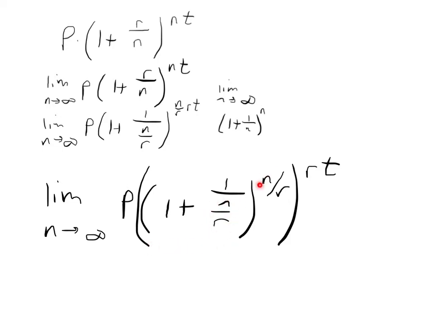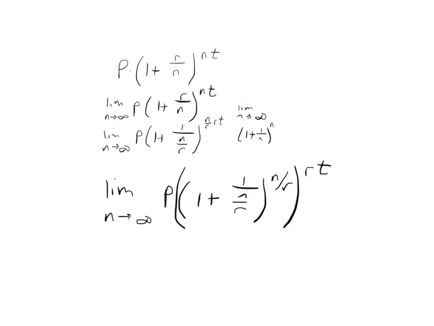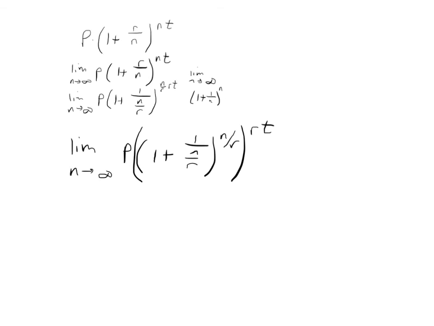As n goes to infinity, that denominator and that exponent are both heading to infinity at the same rate. So what I have appearing in here is my definition of e. And that means I can rewrite this as P times e to the rate times time.